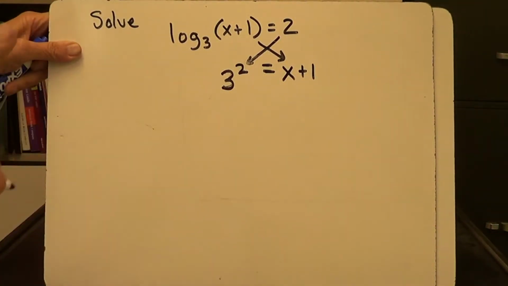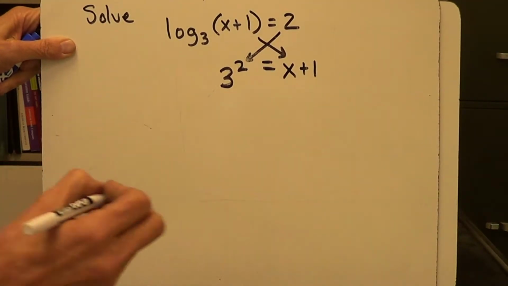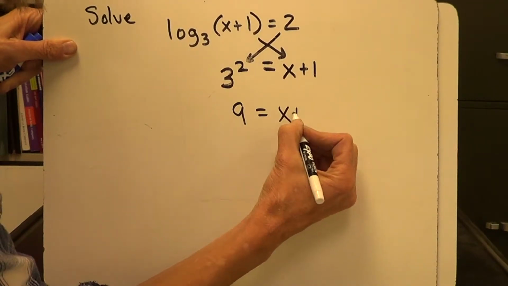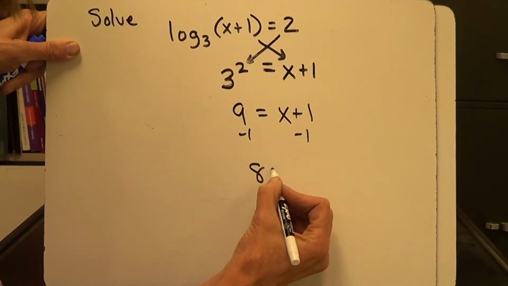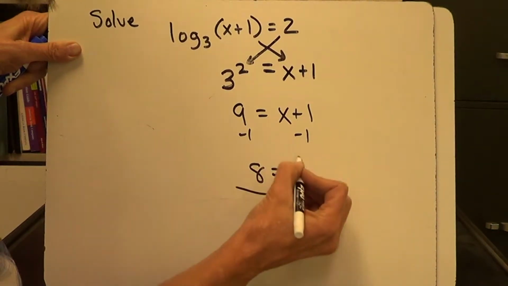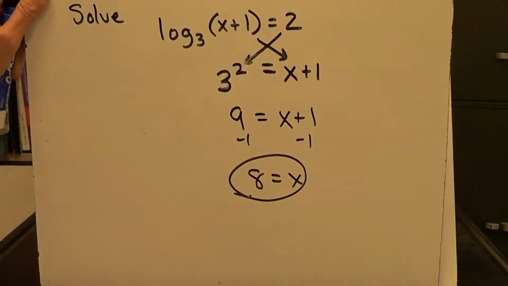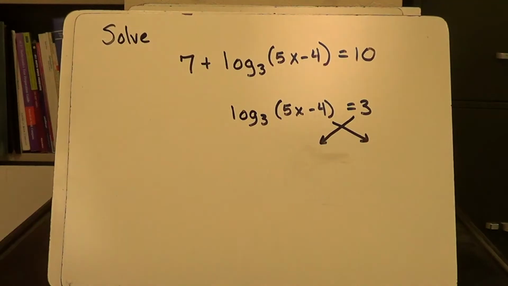I have not seen that taught so easily in a math book, but from former students it does work, and they seem to get it really well. So now we finish: 9 equals x plus 1, subtract 1 from each side, and we get 8 equals x. I really think you guys will enjoy these problems because they tickle your brain, making you think it backwards.